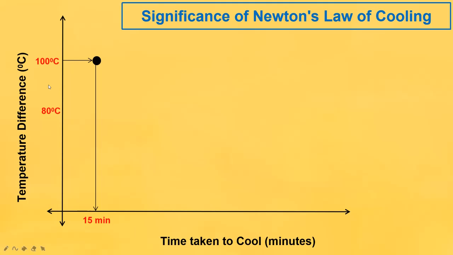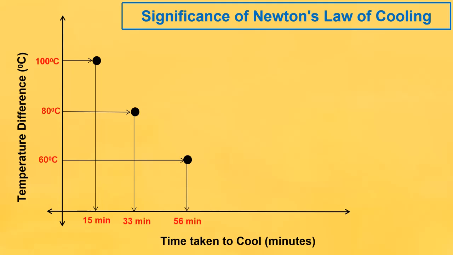But if the temperature difference decreases to 80 degrees centigrade, as per Newton, the time taken will increase, and as per calculation, it reaches 33 minutes. If we decrease further to 60 degrees centigrade, the time comes out to be 56 minutes.